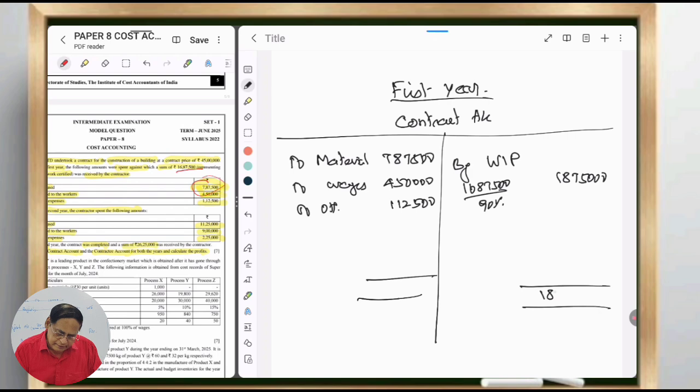So 18 lakhs 75,000 minus 7,87,500 minus 4,50,000 minus 1,12,500. So 5,25,000 rupees is notional profit.